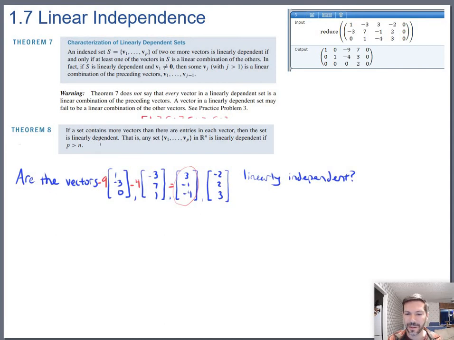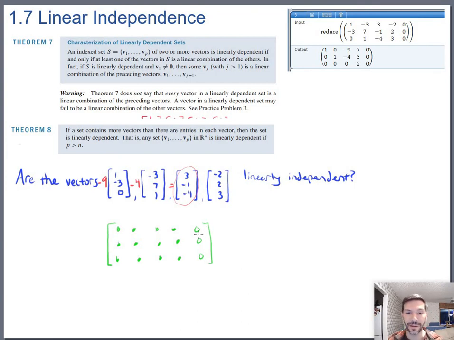And if you think about that a little bit, anytime you have a set of 4 vectors that are 3 dimensions each, so anytime you've got something that looks like this, and then you're trying to solve. Think about what happens when you row reduce this.